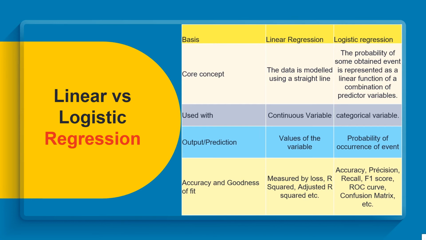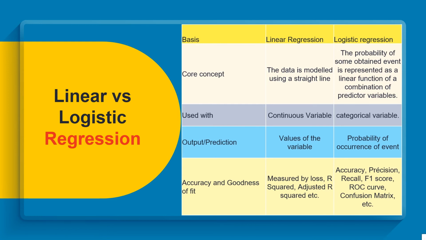In the case of linear regression, we use various methods like mean squared loss, R-square, adjusted R-square, etc. While in the case of logistic regression, we have accuracy, precision, recall, F1 score, which is nothing but the harmonic mean of precision and recall.